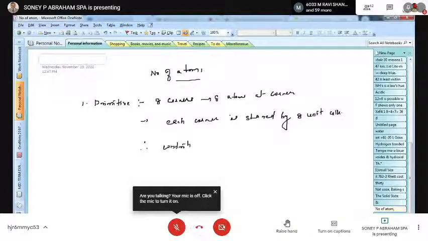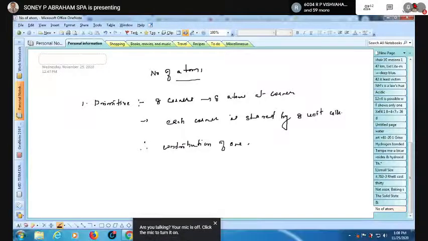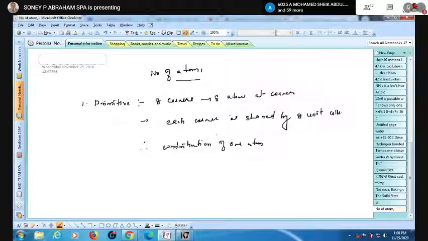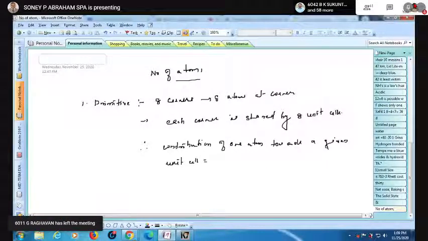Therefore, what will be the contribution of one atom towards a given unit cell? 1 by 8.